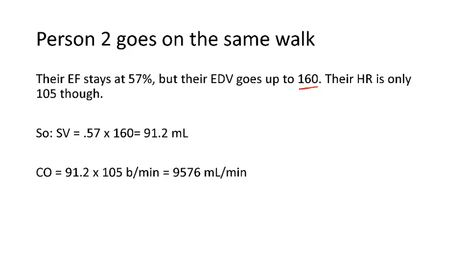So their new stroke volume is the 160 times the 0.57, because that stays the same. So they get 91.2 milliliters. Again, don't round. That's the big thing people try and do. Cardiac output is equal to that times 105, and they get 9,576 milliliters per minute. Not even close to double, but still pretty good.